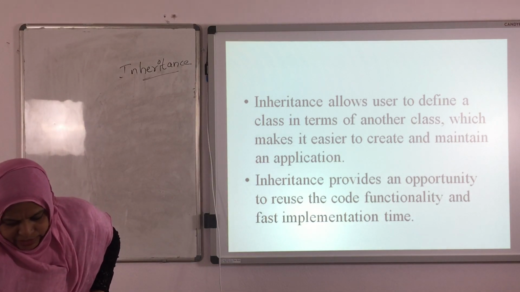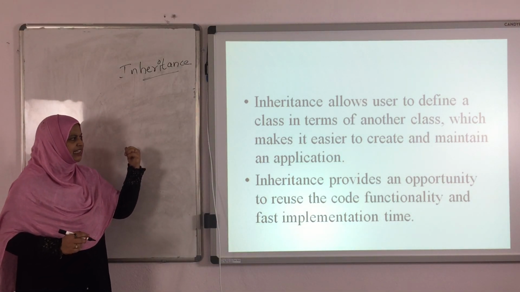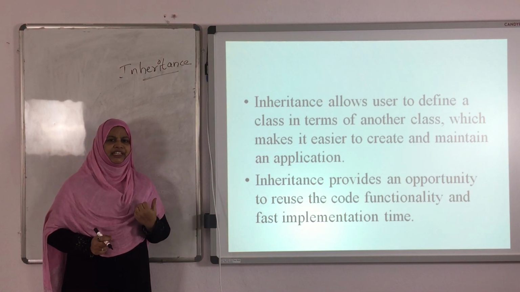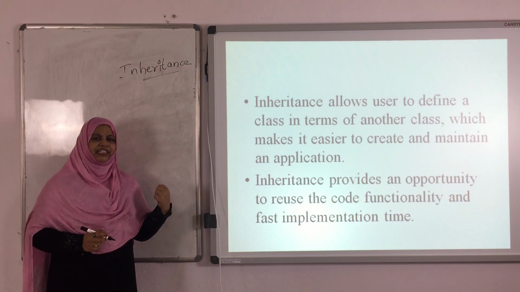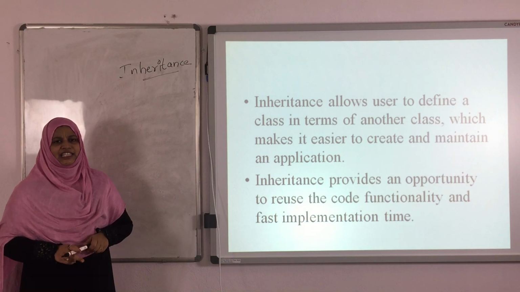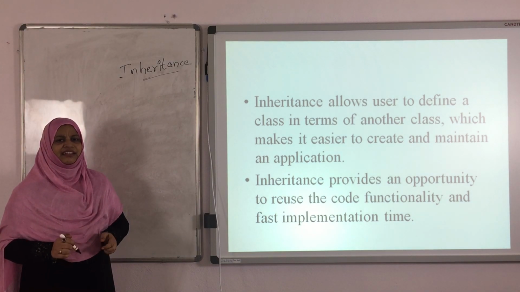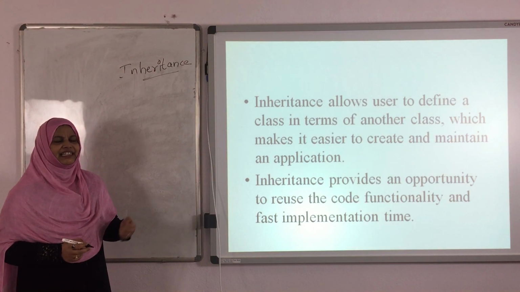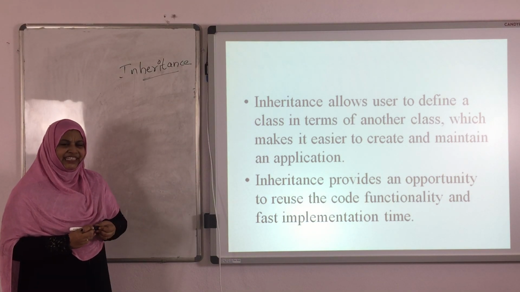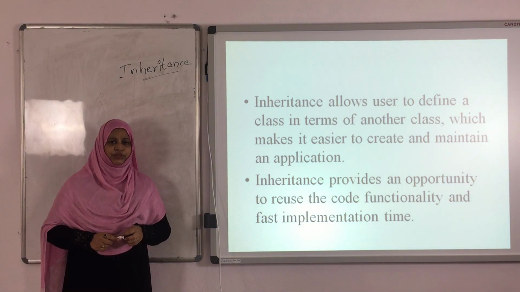In the previous example, in class A we declared the display function. In class B we declare the show function. In class B there is no need to declare the display function again, because class B already inherits the properties of its superclass.